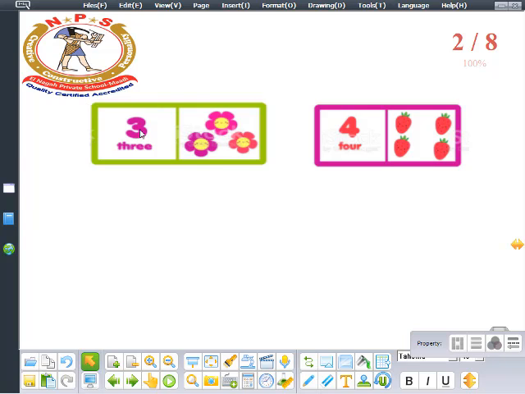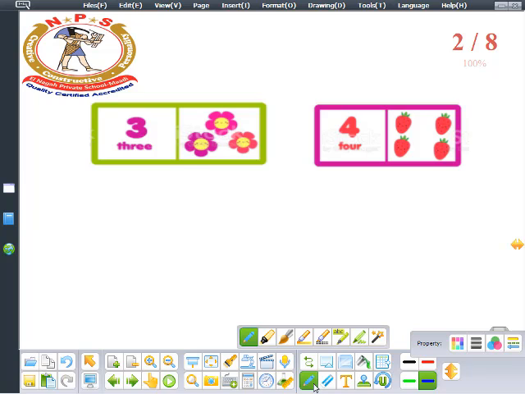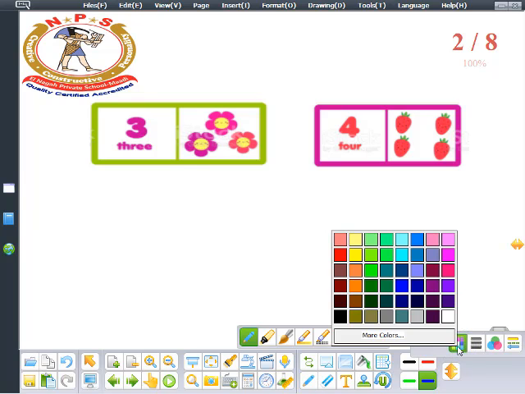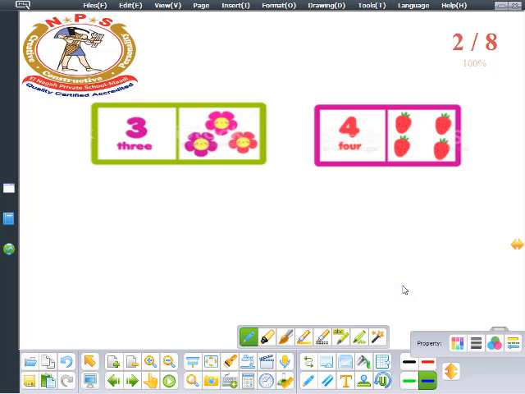And this is number 3. Don't look at the number, just look at the picture. How many flowers are here? 3. When we find them like that, we know that they are 3.